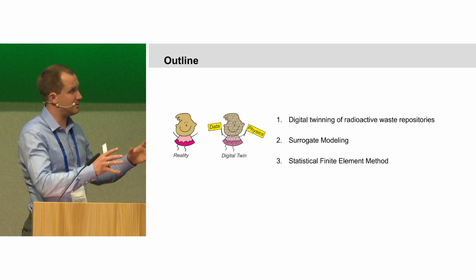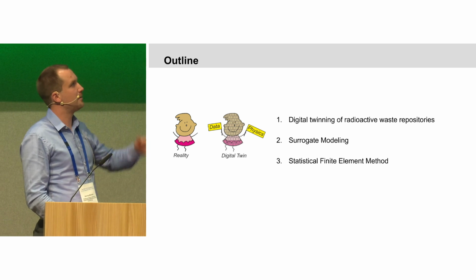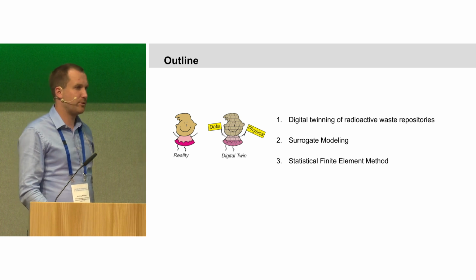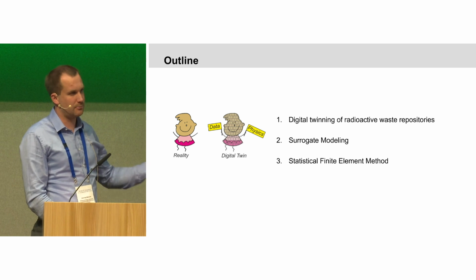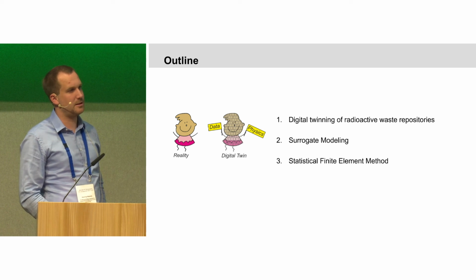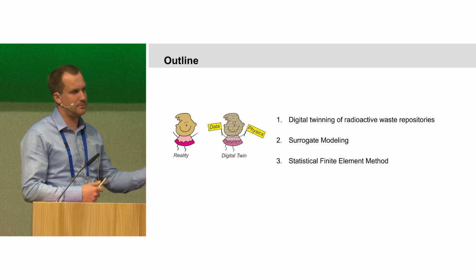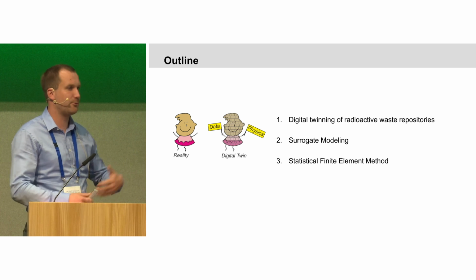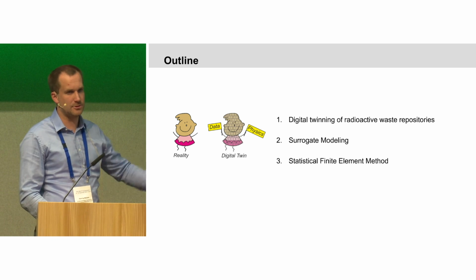It's not sufficient to only set the model up. We then also need to think of how can we use it. Surrogate modeling can help us in reducing the computational effort in calibration and optimization. And methods like the statistical finite element method provide us opportunities to link data and simulation in order to infer quantities that we cannot measure, in order to provide experts additional information.